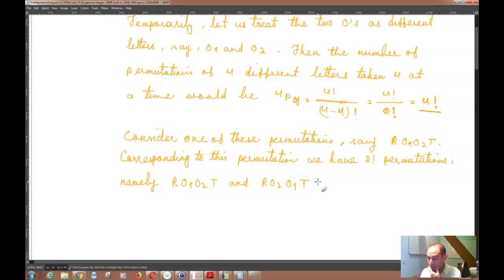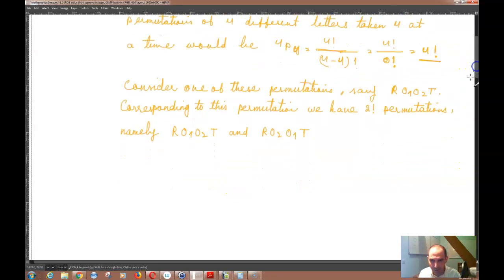So what that means is that you need to take these permutations out, because as you can see here, I have treated O1 and O2 as different letters, and then relative to that I have come up with, for example, R O1 O2 T and R O2 O1 T, right?